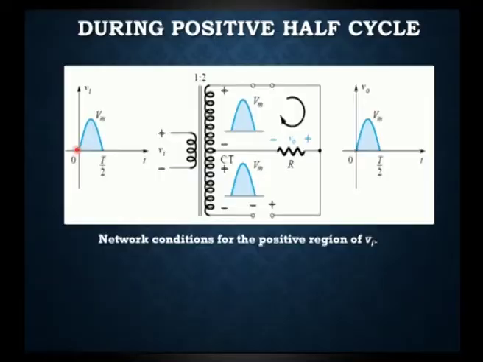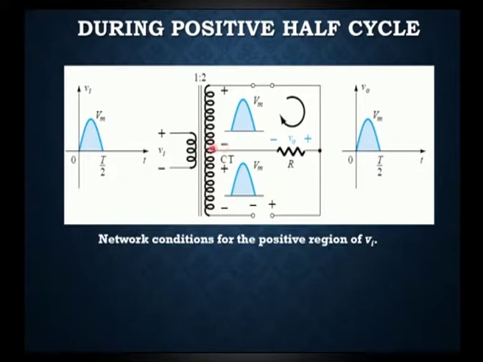So, what happens for the positive half cycle in a center tap full wave rectifier? If Vm is the peak voltage, the input voltage has a peak amplitude of Vm. This is given as an input through the primary, and here we have to observe the polarities carefully.